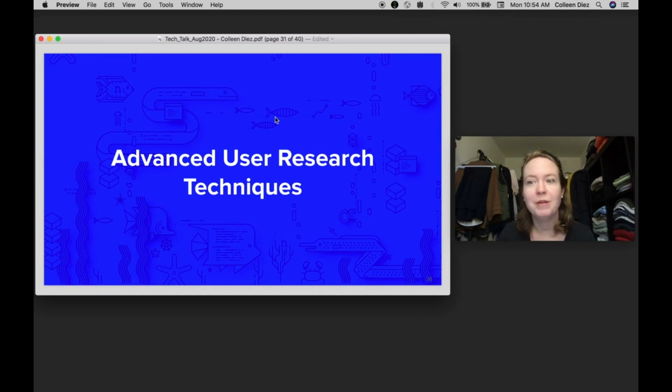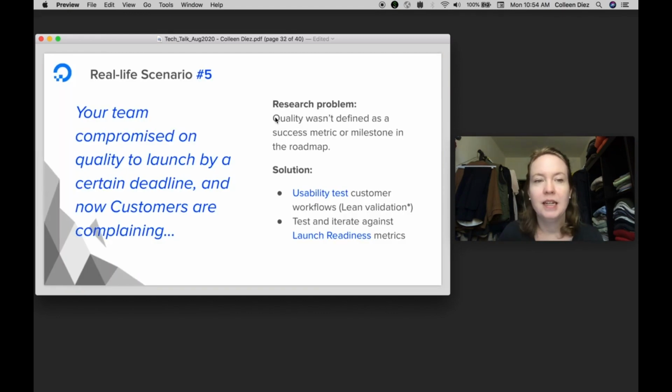So, what are some advanced user research techniques that you might want to use, and when would you use these? Here's another real life scenario, one that I've frequently heard from product teams in the past. Let's say your team was under a deadline and needed to launch by a certain time, and they compromised on the quality of the experience to meet that launch.